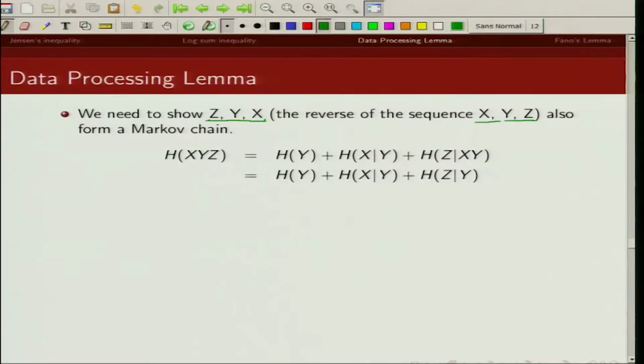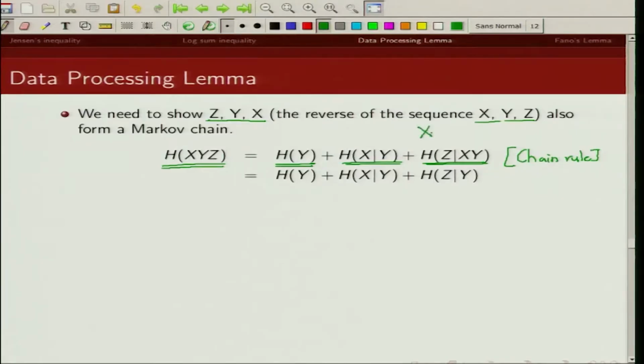To prove this, we will first consider the joint entropy of X, Y and Z, and applying the chain rule we can write this as uncertainty in Y plus uncertainty in X given Y plus uncertainty in Z given XY.